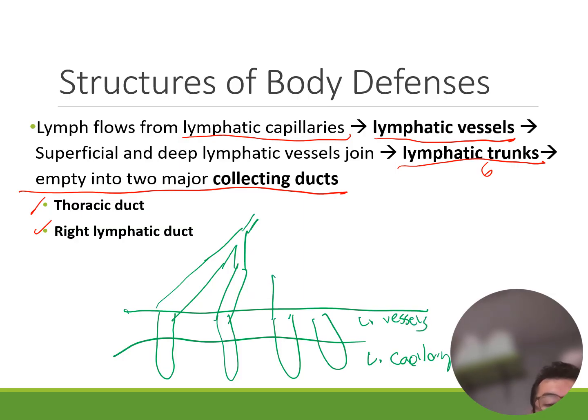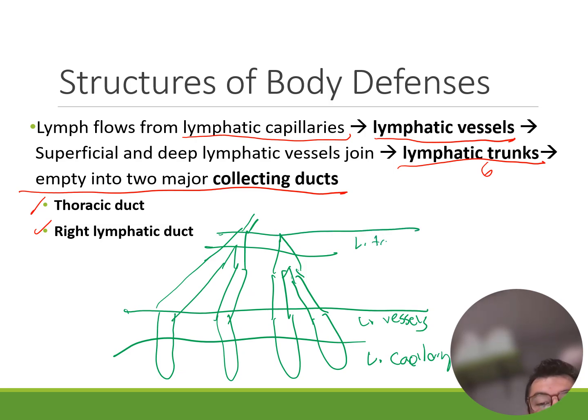Once they join, at this level we have lymphatic trunks. And once the trunks join together, then we have a lymphatic duct. And it is that lymphatic duct that dumps into the subclavians.